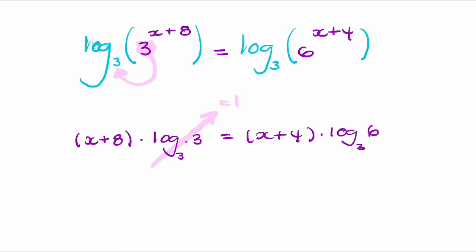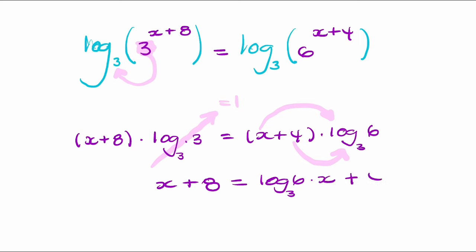What I would do would be to multiply each of these terms by log 6 to expand the brackets. So you'd have x plus 8 equals log 6 to the base 3 times x plus 4 log 6 to the base 3.